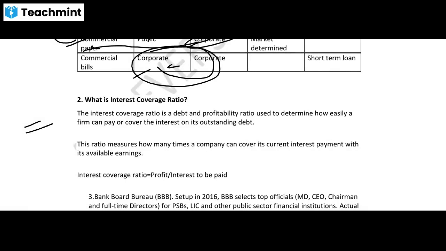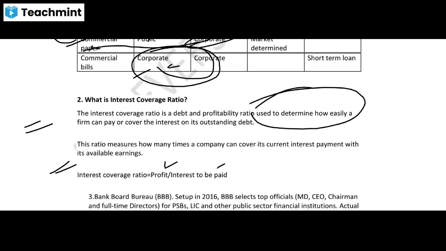That means it is a kind of company's past record. If the company has a good past record of paying the interest on time, then that means the company has the capacity to pay the outstanding debt. The interest coverage ratio is nothing but the ratio between the profit and the interest to be paid.